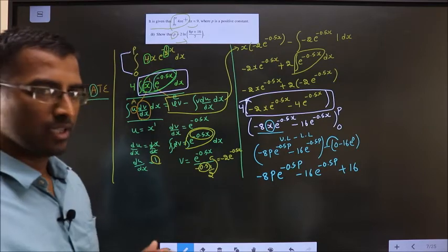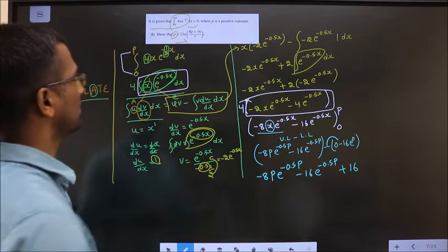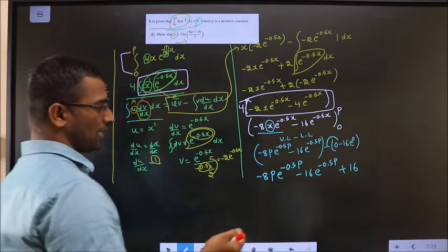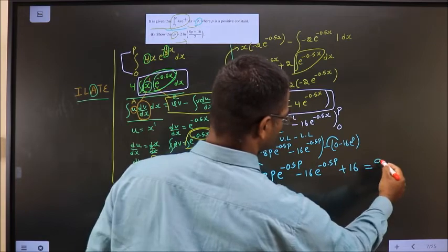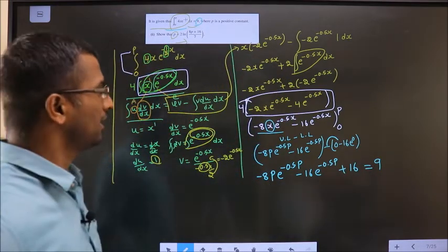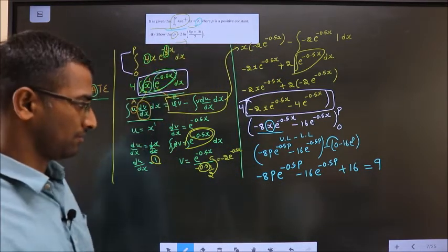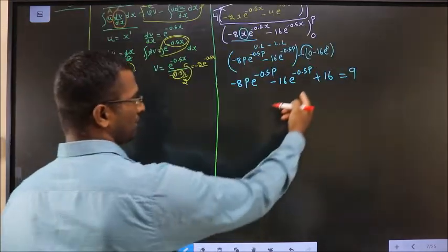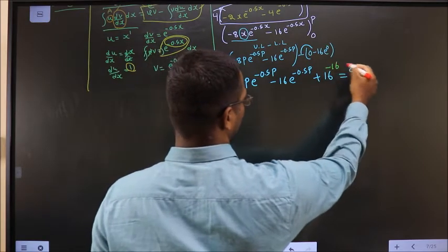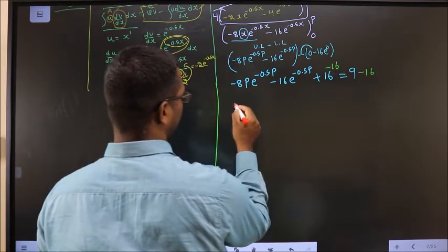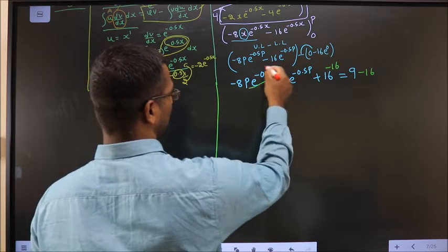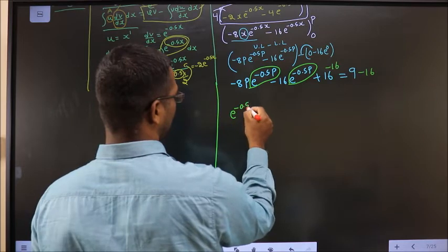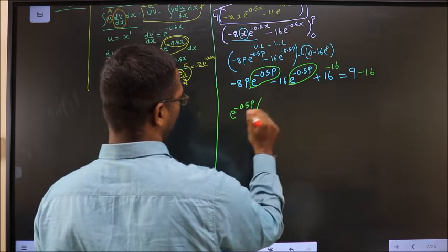Now he has also given us that the integration of this entire thing is equal to 9. So I should equate this to 9 and simplify. I make p the subject. Let us do that. First I subtract 16 on both sides. And from these two terms I take e power minus 0.5 p common. So what do I get?